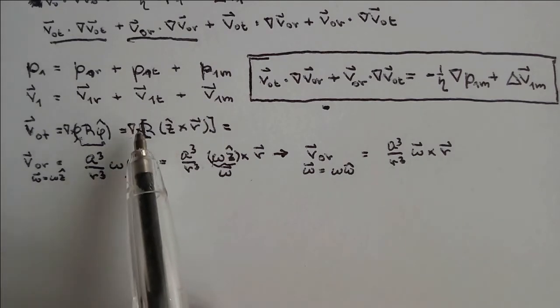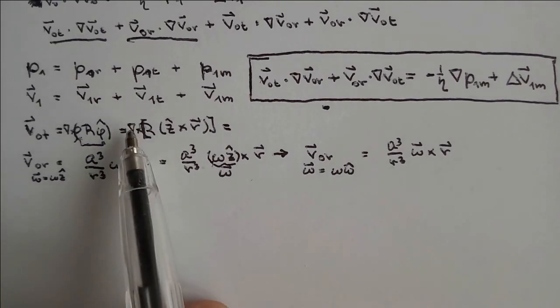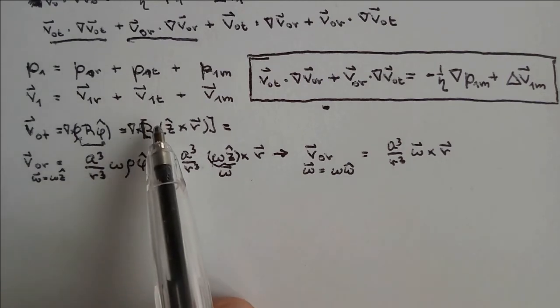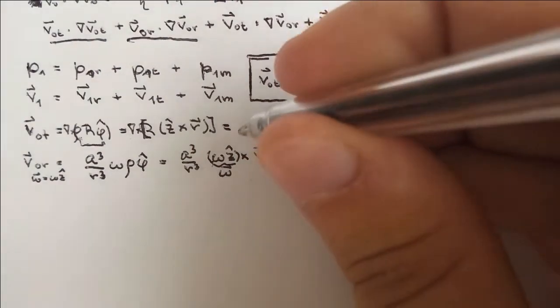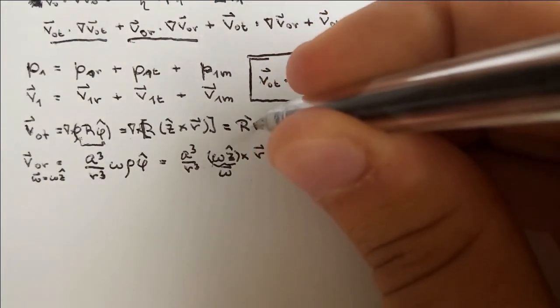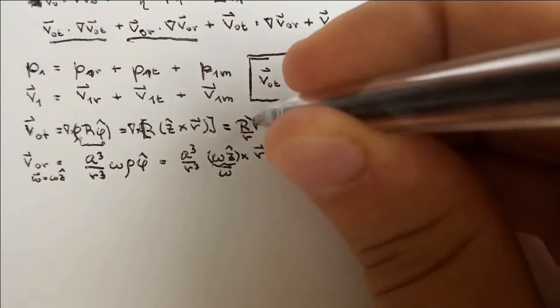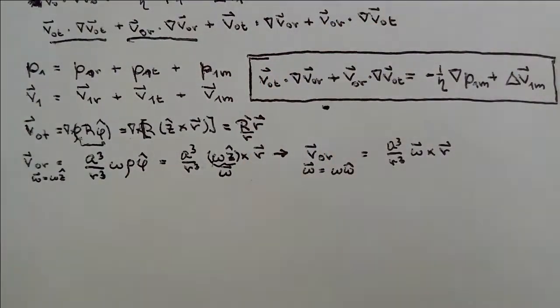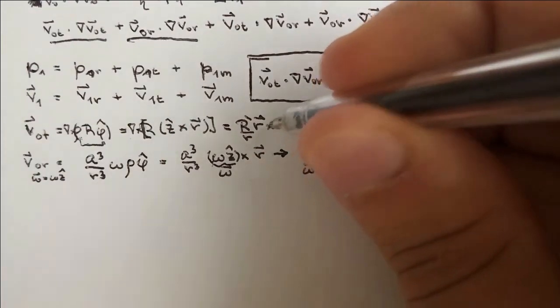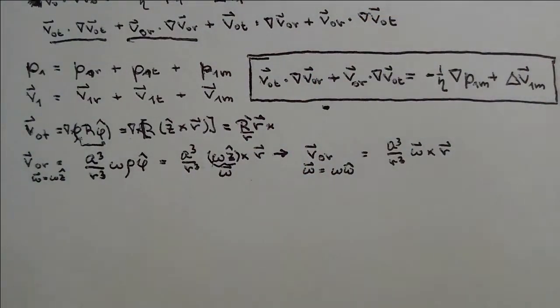If you take the curl of this, the gradient of this is r prime times r hat, which can be written as r over r, and r is the position vector. From now on I will use only position vectors because the formulas are much easier.